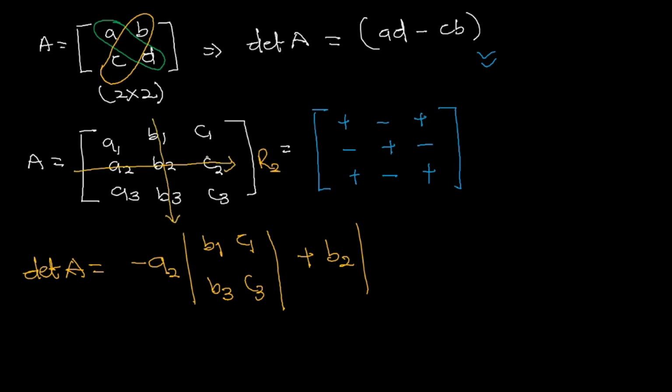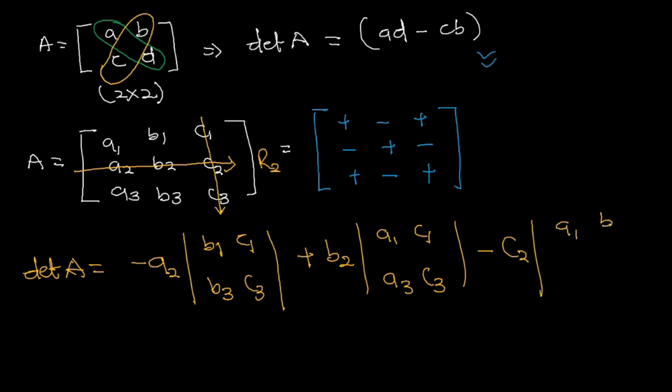So we are left with A1 C1, then A3 C3, then minus again, because in this second row the sign is minus. So minus C2, and then we cancel this row and then this column this time around. So we are left with A1 B1 and then A3 B3.